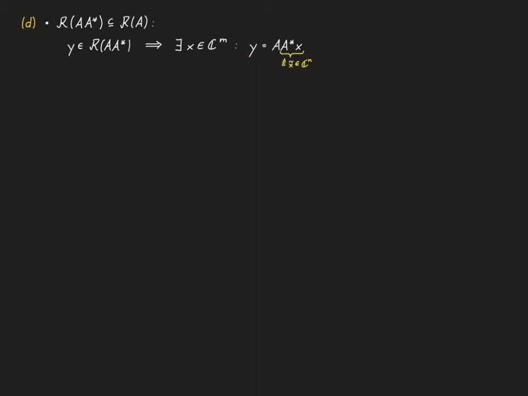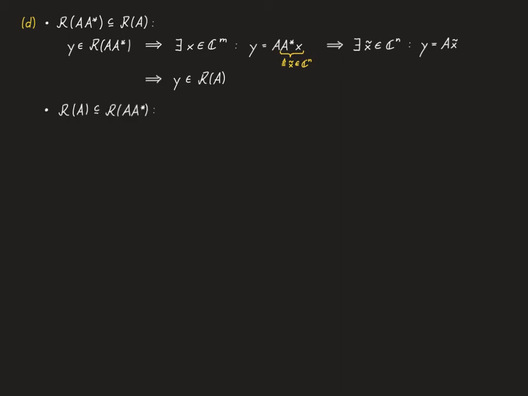And now we can define the vector A star x as a new vector x tilde. Then the statement clearly implies that there exists a vector x tilde in C^n such that y equals A x tilde. And now this is exactly the definition of y being in the range space of A.